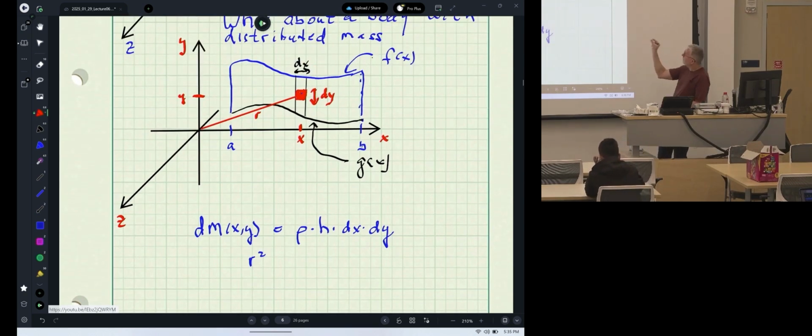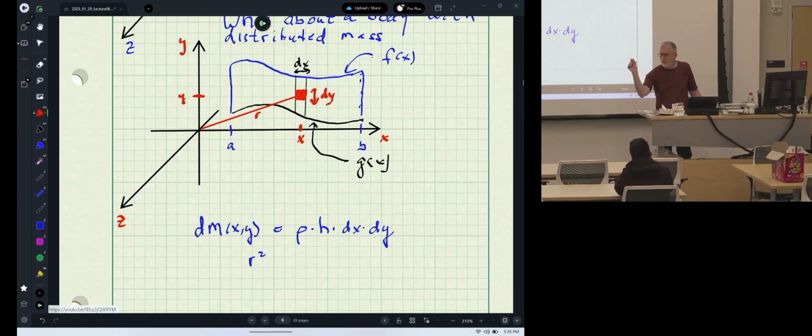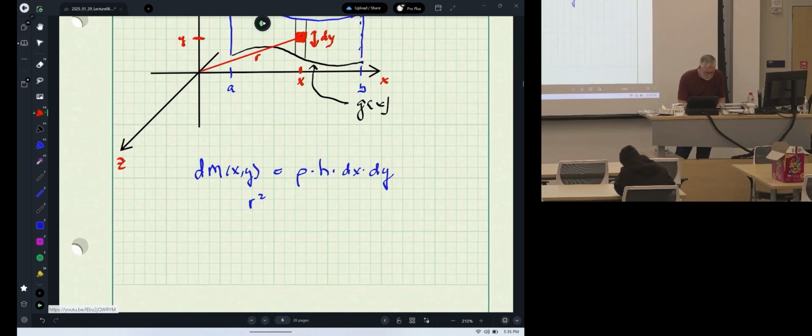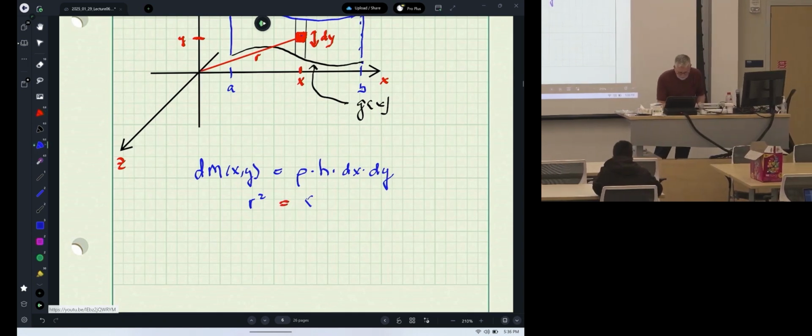So that infinitesimal piece of mass acts like a point mass. The moment of inertia of that is r squared times dm. Here r squared is equal to x squared plus y squared.